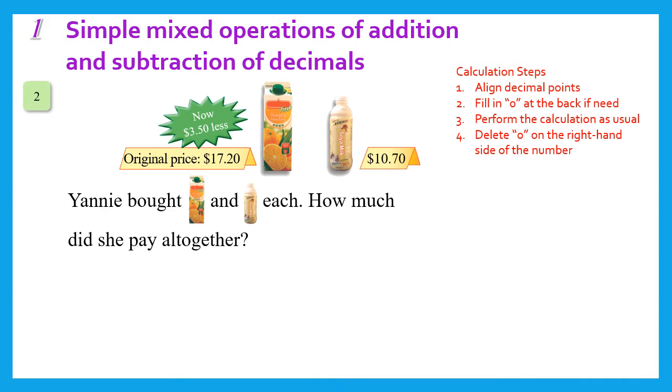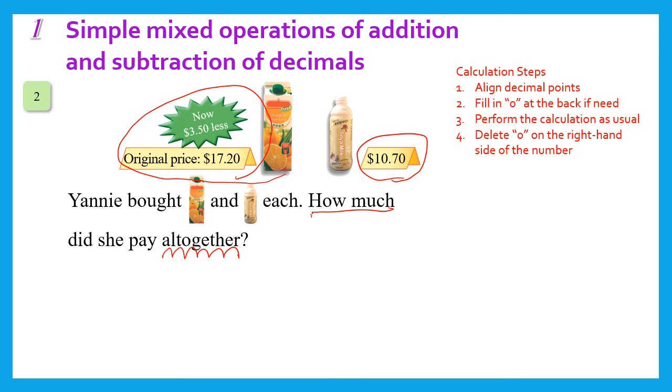Okay. For the second question, you have to highlight the question: how much did she pay altogether? It is asking you how much, and then altogether, which means that you have to add these two together. Then you have to circle the information you need. You have to buy these two, so you circle the price here.